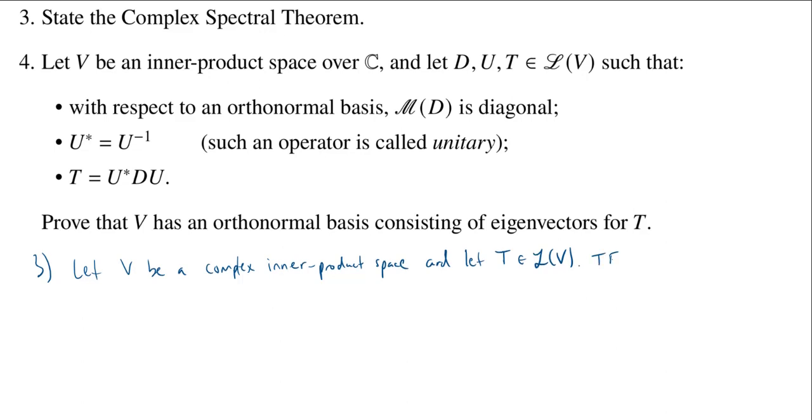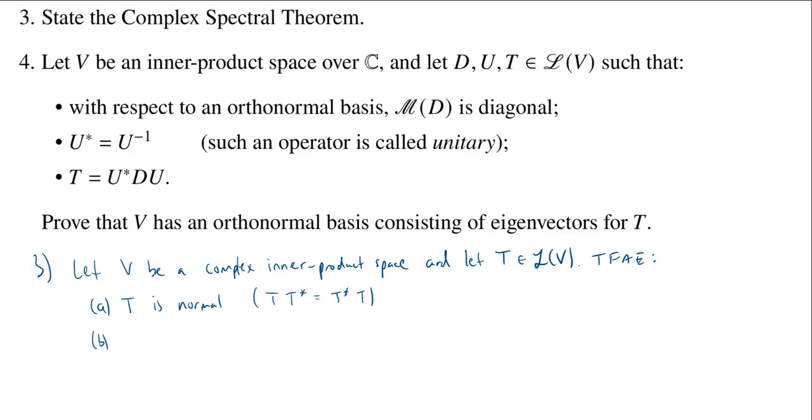So the following are equivalent. The first is that T is normal. So T star T is equal to T T star.